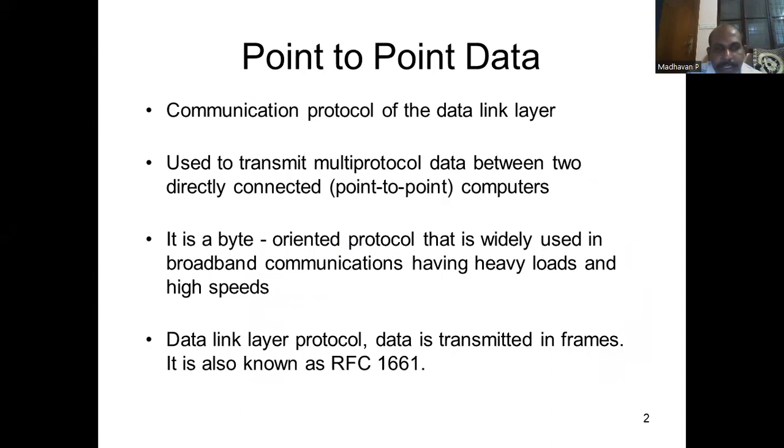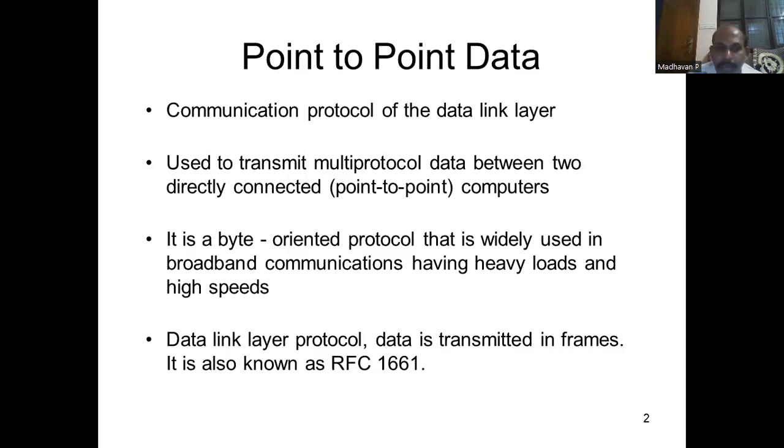As it is used in the data link layer, which is the second layer of the TCP/IP stack, it provides a byte-oriented protocol which is used in broadband communications, where heavy loads and high-speed data transfer is required. So normally it is used in high-speed networks like dial-up networks and ADSL, which act as a backbone point for providing the networking services.